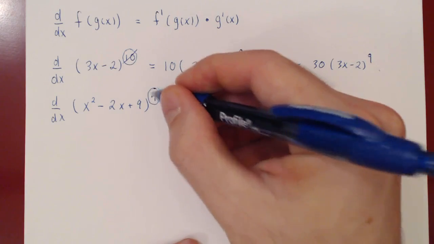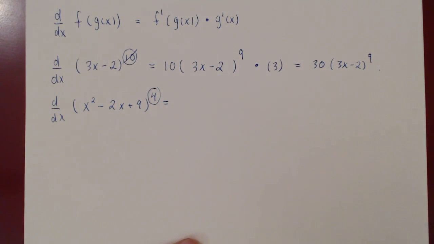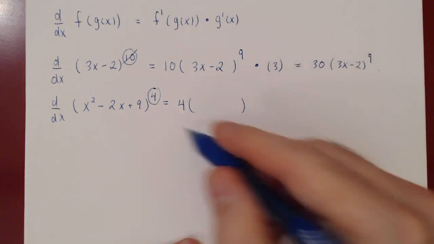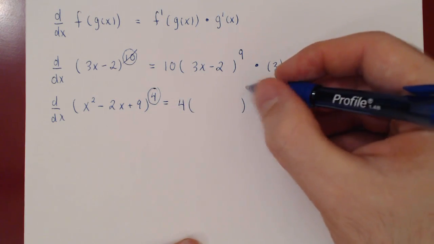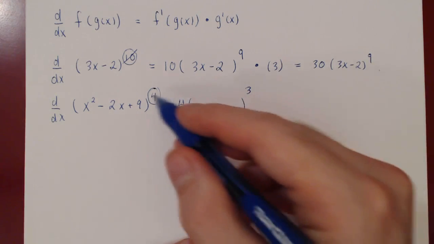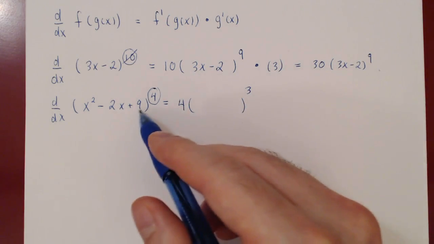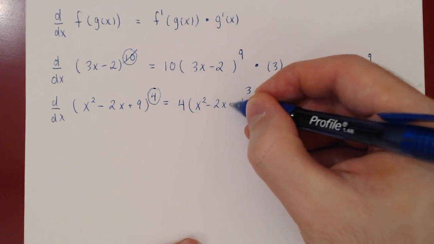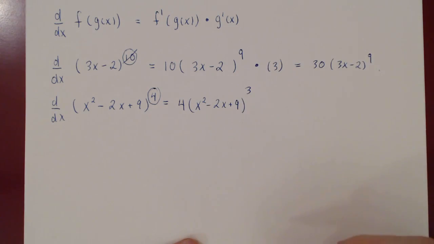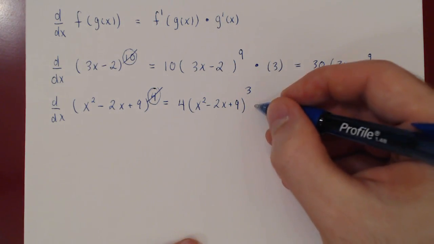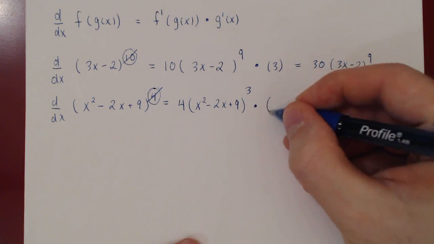So the outside function is the 4th power. Once again, we use the power rule, bring the power down, subtract 1 from the exponent, you get 4 minus 1 is 3, and it is the derivative of the outside function at the inside function, which is x squared minus 2x plus 9. That takes care of the outside function, times the derivative of the inside function.